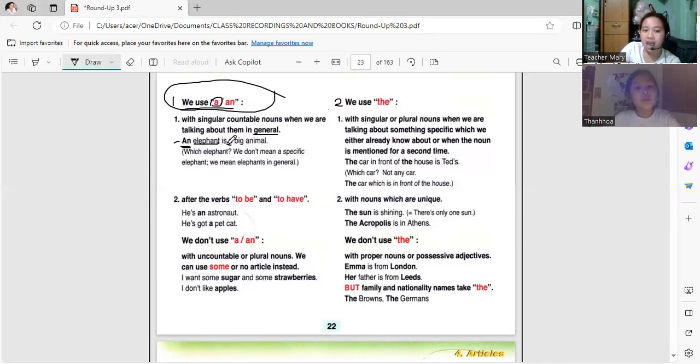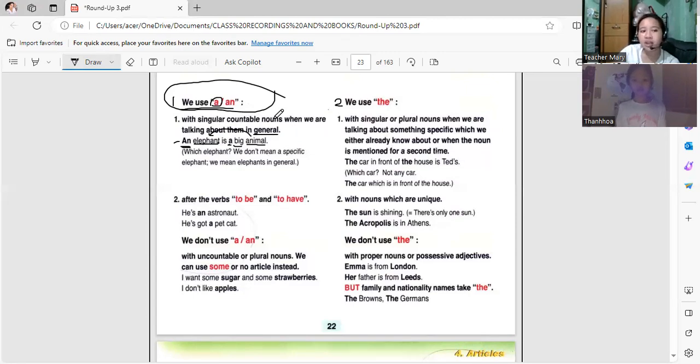And a, it follows with a consonant sound or a consonant word, big. So it uses a. Okay. The animal here is the general. And it focuses on the elephant, which is specific. So it says here that with singular countable nouns.